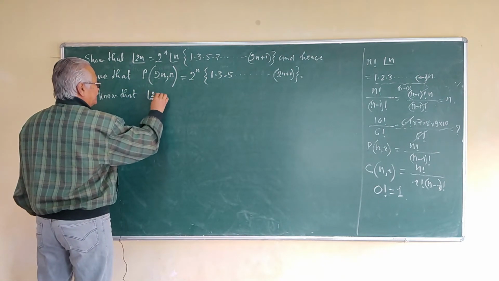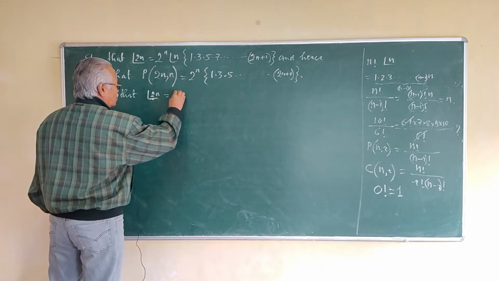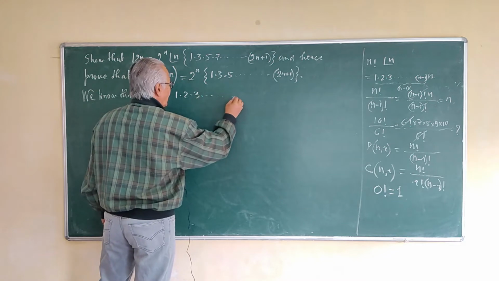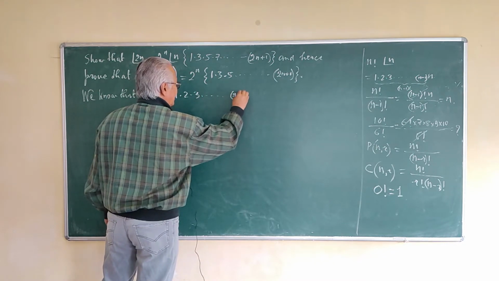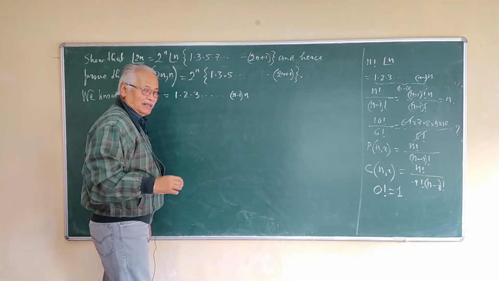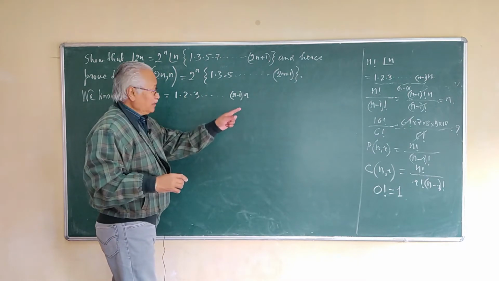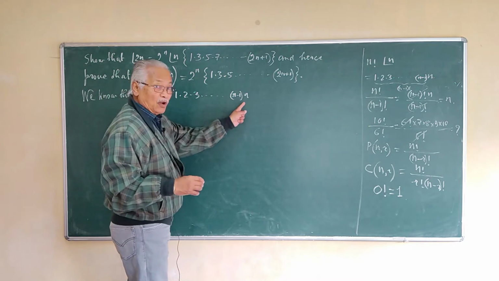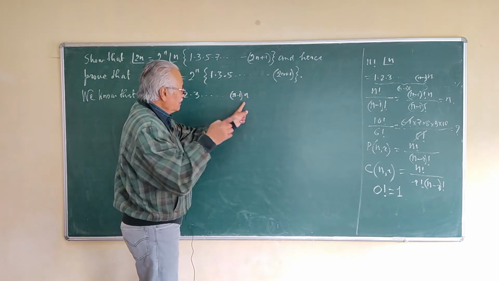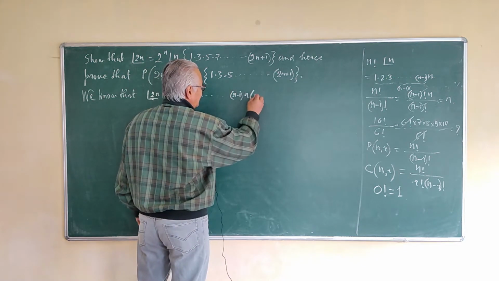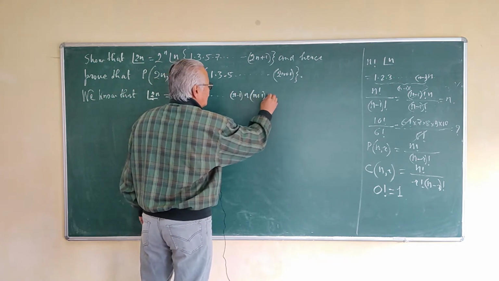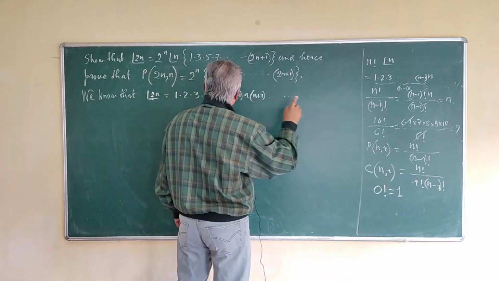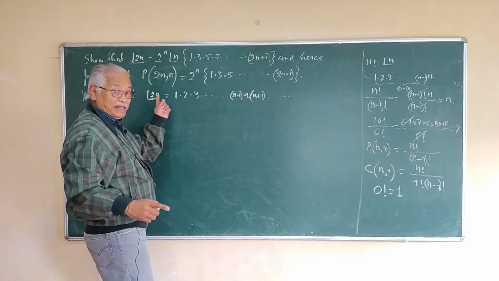Factorial twice n is defined as 1 into 2 into 3 into, you go ahead till you reach n minus 1, then comes n, and n is followed by what? 2 is followed by 3, 1 is followed by 2, so n will be followed by 1 greater than this number, that is n plus 1, and then n plus 2, n plus 3, till you reach twice n.